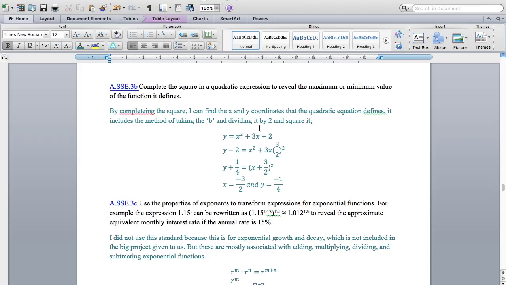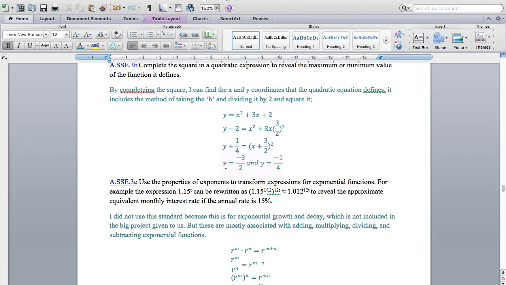So to complete the square, I had to move the c from the standard equation ax squared plus bx plus c, move the c to where the y is, so it will turn into y equals to -2, and then use the b from the bx and then divided by 2 and square it. And this is the answer.